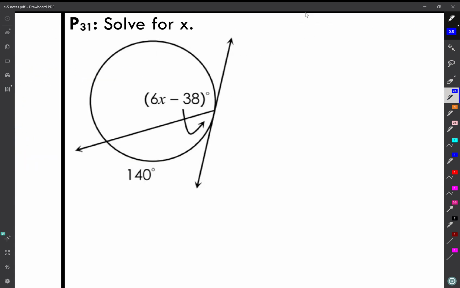P31. I see these two angles right here. We're given this angle, and then we're given this arc measure right here. So I know that this angle is going to be half of whatever this arc measure is. So I can just do 6x minus 38. We know it's going to be half of 140.